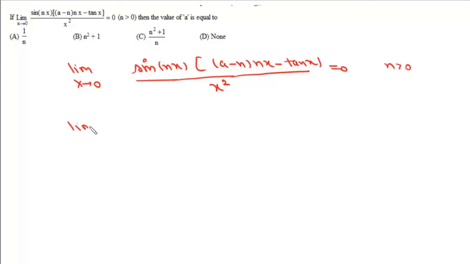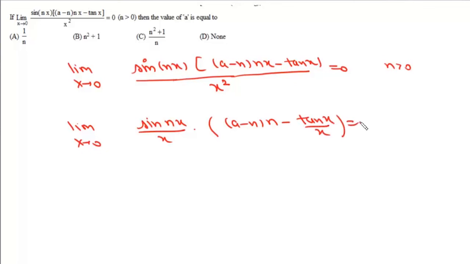Now we can write this as limit x tends to 0, sin nx upon x, and here we'll take one of the x with this, so it will be this a minus n into n minus 10x upon x, and it should be equal to 0.